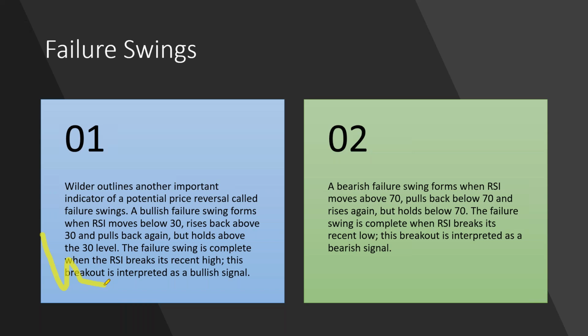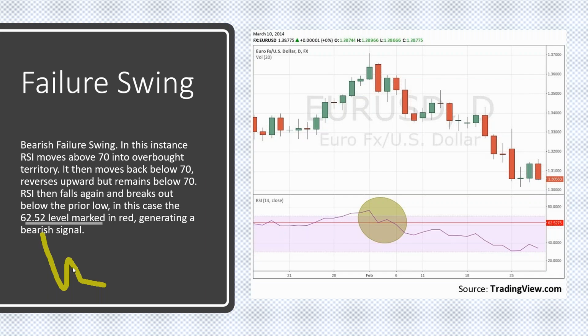A bearish failure swing forms when RSI moves above the 70, then holds back below the 70, then rises again, and then holds below 70. It's a little more complex, but we can see it here on this chart.